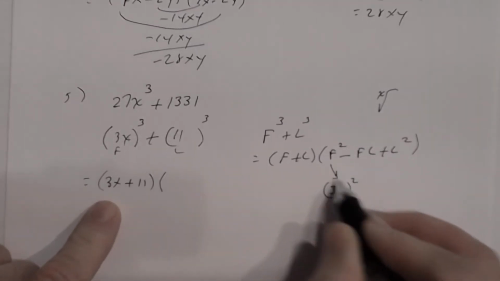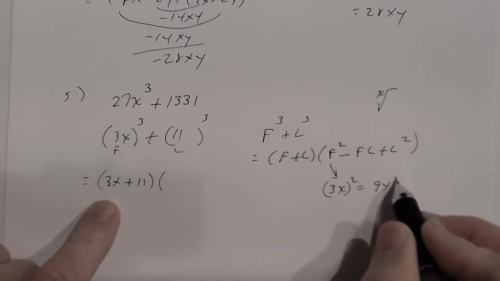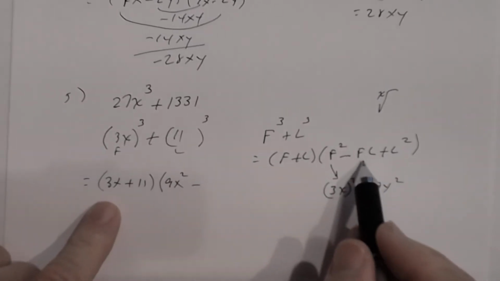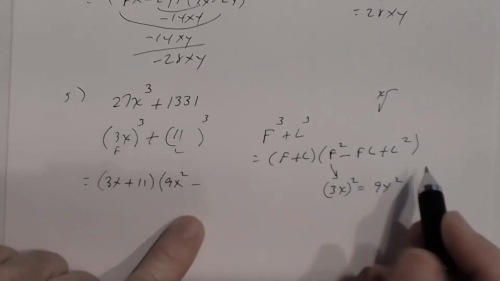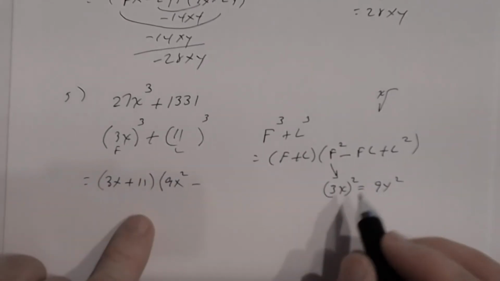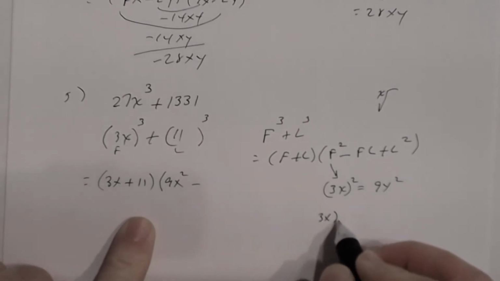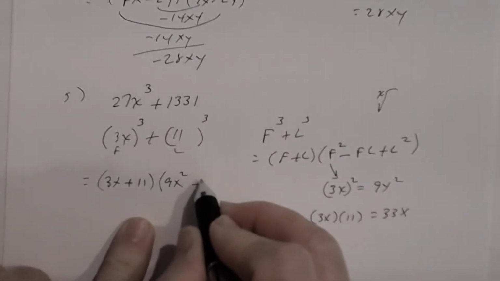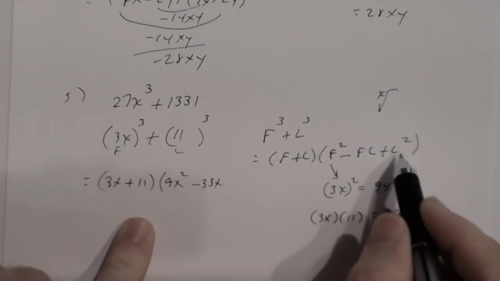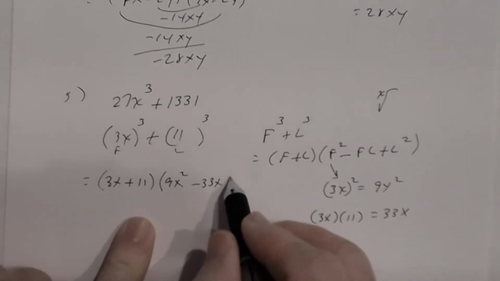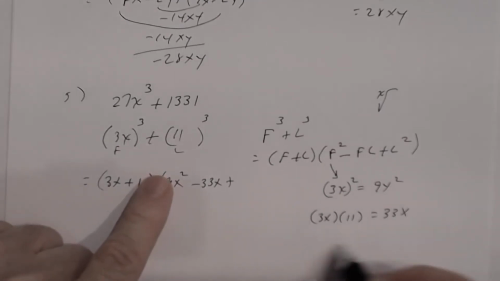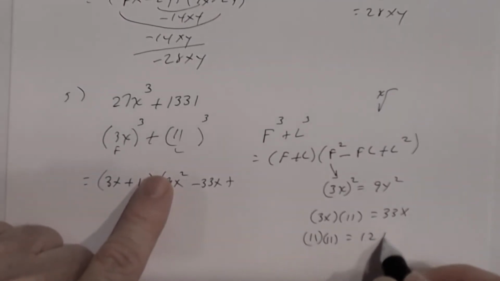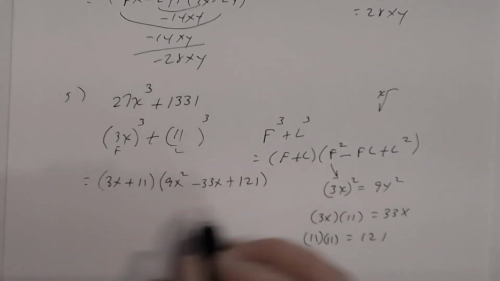So that becomes 9x squared, okay? And then minus, the second part here is where you take the first and the last and multiply them together. So 3x times 11 is 33x. And then L squared is your last term, so plus 11 times 11, which is 121. All right, and there's your answer.